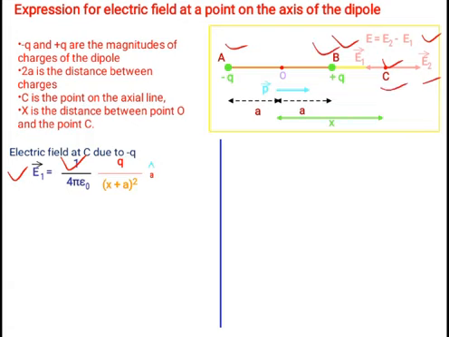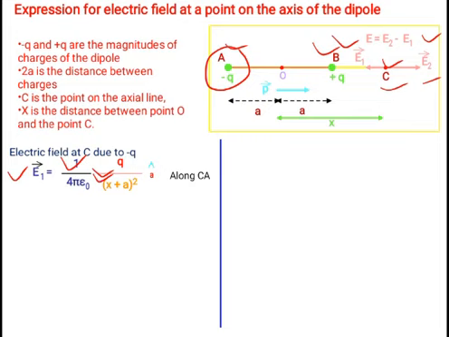So E1 is equal to 1 divided by 4 pi epsilon naught, q is the charge, then q divided by (x plus a) square. Why is it (x plus a) square? We already discussed in the previous slide how we get (x plus a) square: CA square is equal to (x plus a) square.